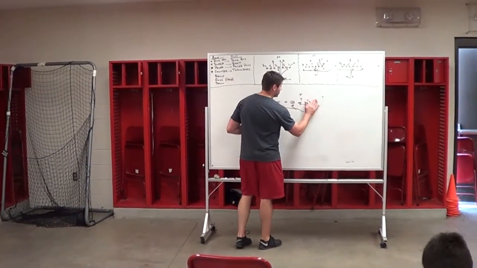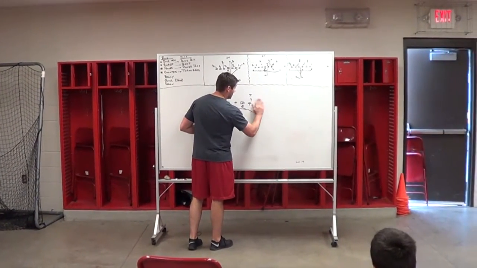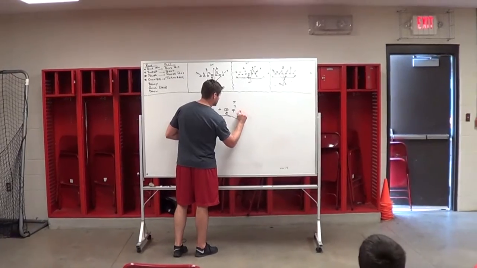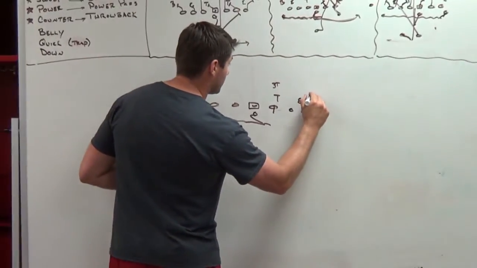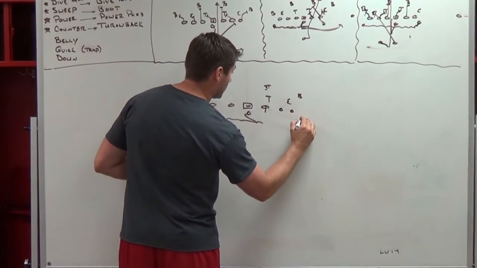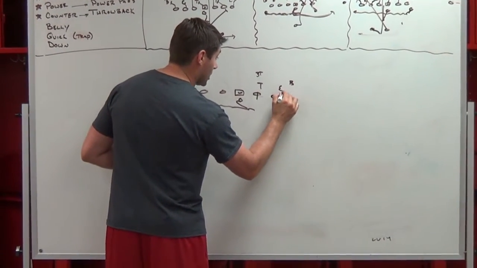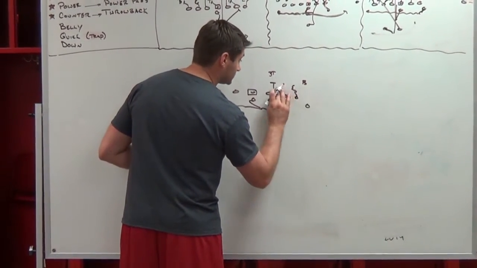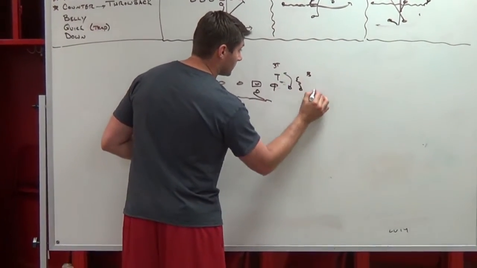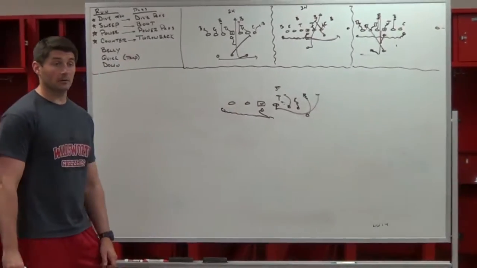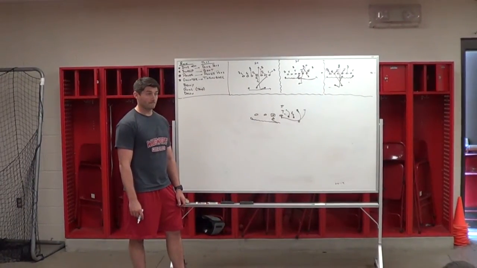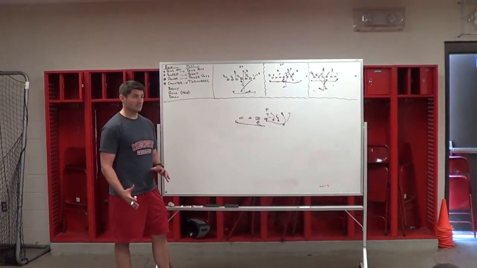So if we were running it to a compressed set, the 3-man surface here, all right, he's going to block down, he's going to block down, and now I've got a guard out there leading in front when we run sweep. Does that make sense? Mm-hmm.